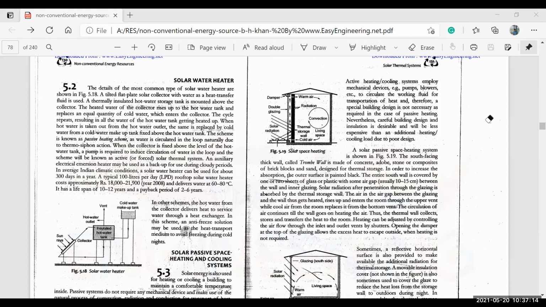So for room heating and water heating, they use solar heaters, where energy, that is electricity, could be saved.